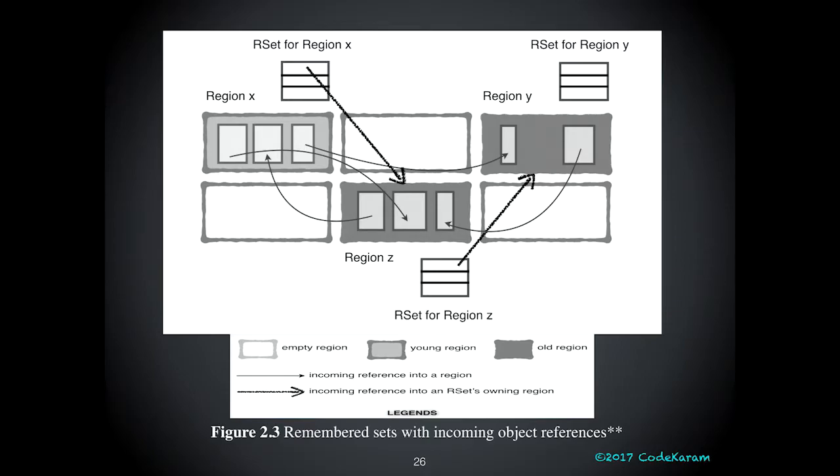So if you see, the remembered set for region Y doesn't have anything, because region Y is an old region and the only incoming reference is from a young region. So we don't need to track it, and the remembered set for region Y is empty. That was just an example trying to explain what I said earlier.